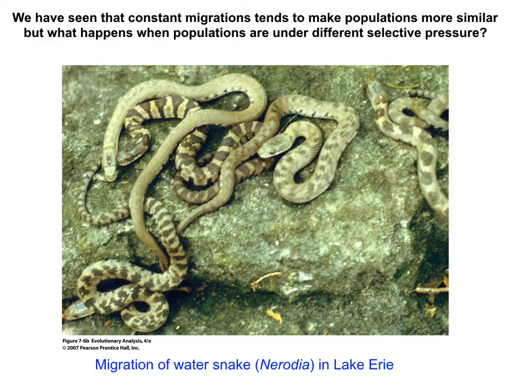The characteristic they were looking at were the banding patterns in these water snakes, Nerodia. Here you see a picture of the three different morphs. You have a strongly banded morph or form of the snake, you have an unbanded, and then you have an intermediate banded snake.